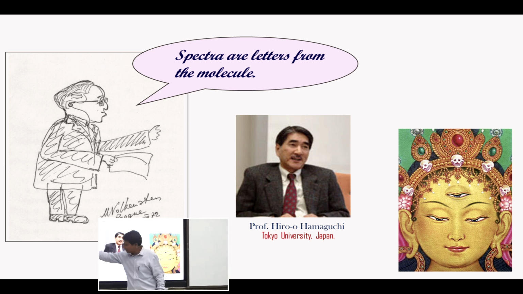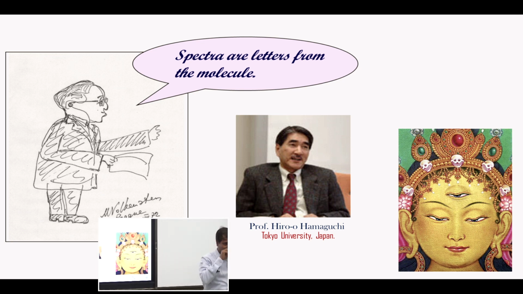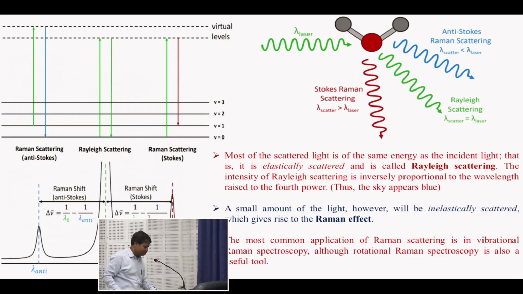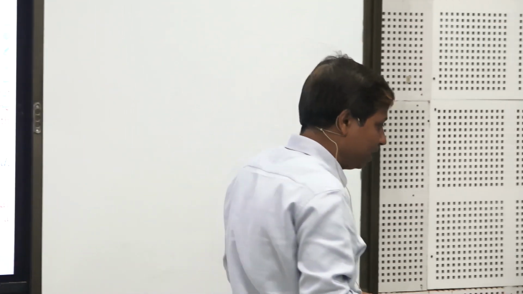His supervisor is this one, and he used to say spectra are letters from the molecule. What does it mean? It means that when you get a spectrum, if you can read it, you will know something about the molecule. That is a very big thing.